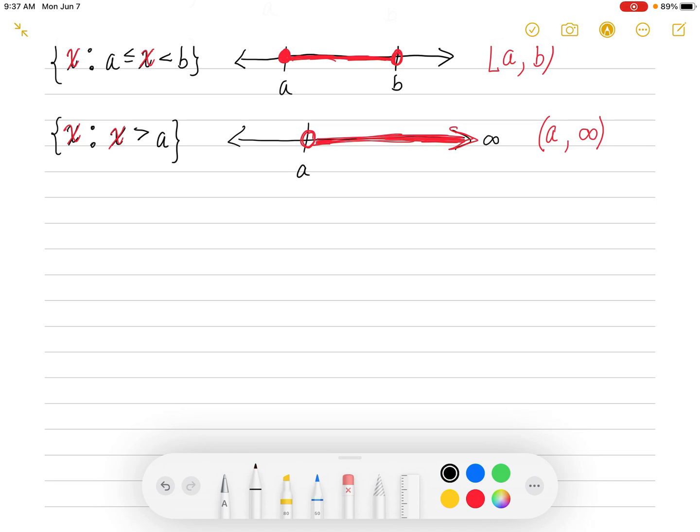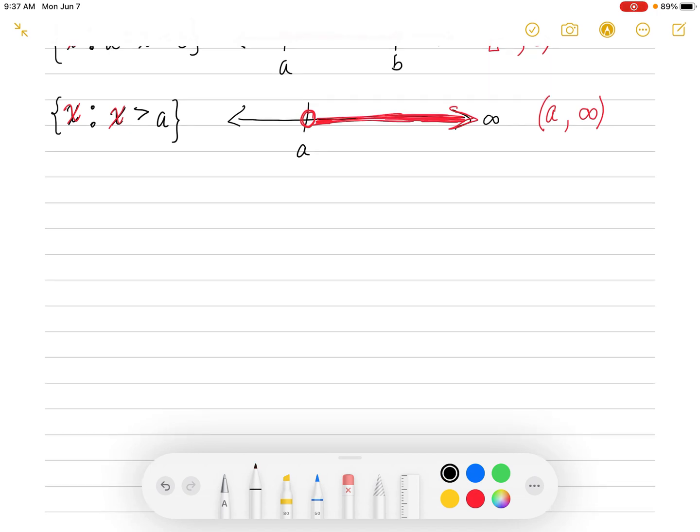Okay, so here's another type of interval. Let's say we have the set notation, the set of all x values such that x is greater than or equal to a. Well, this one's quite similar to the last one. I'm going to do our line graph. So we have one important number, a, we're going to plop down.